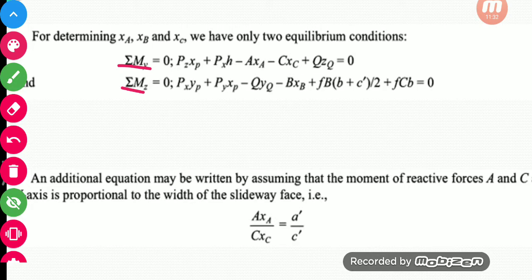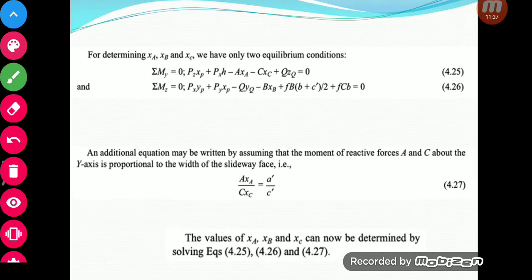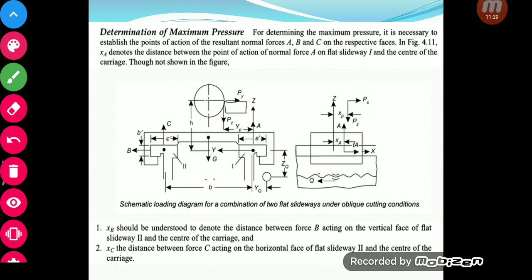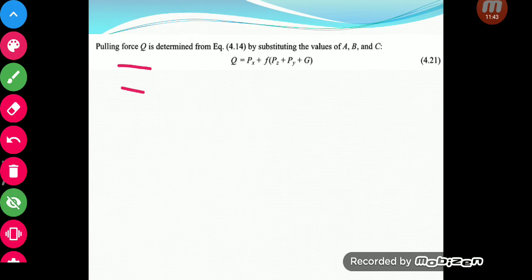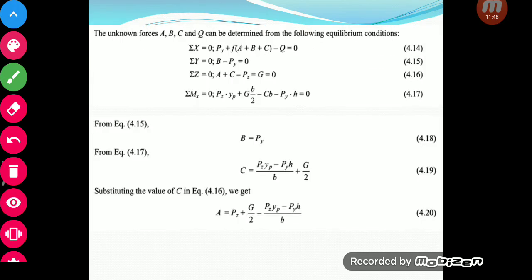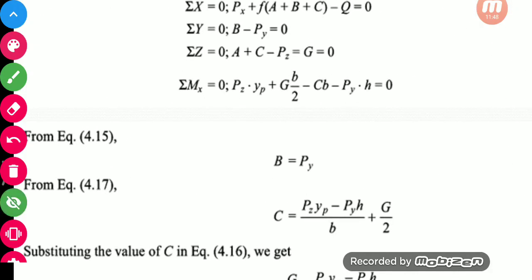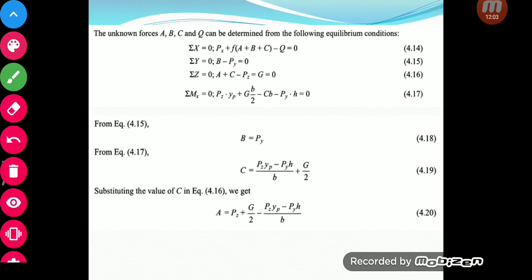Now the third equation we are compelled to take is the equation in terms of the moment about the x axis, which is given right here. But the problem with this equation, sigma Mx, is that it does not have any of the Xa, Xb and Xc components. That is a big issue, and therefore that equation really does not help.